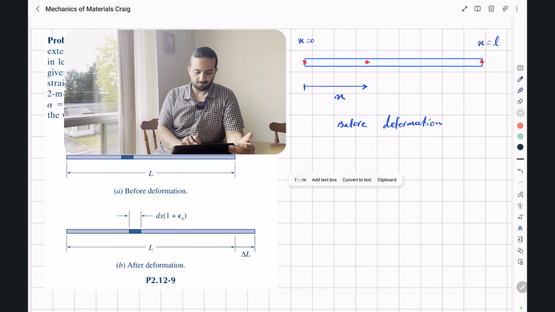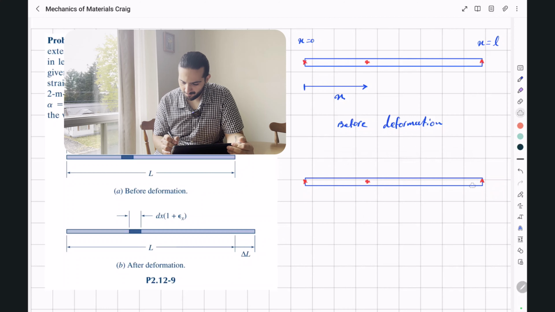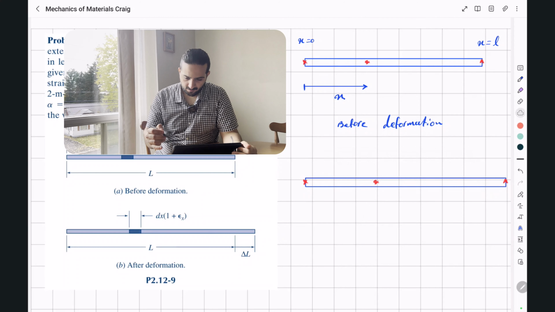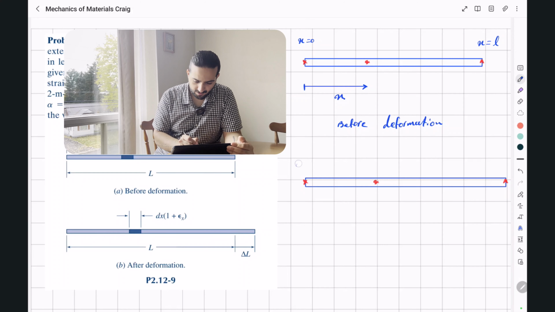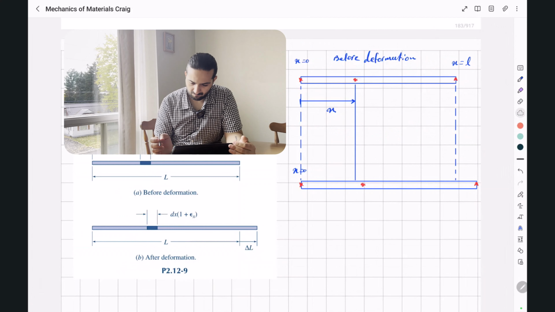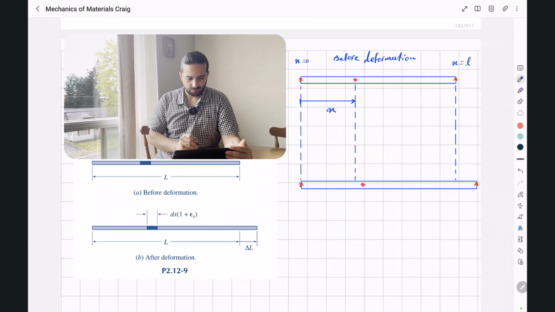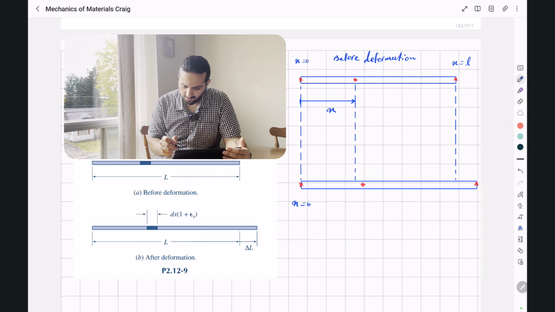And after deformation, so I'm going to put it right over here. It's going to look like this. So we're going to keep this point x0 at its location. So this is x equal to 0.